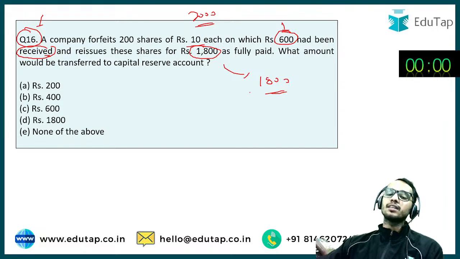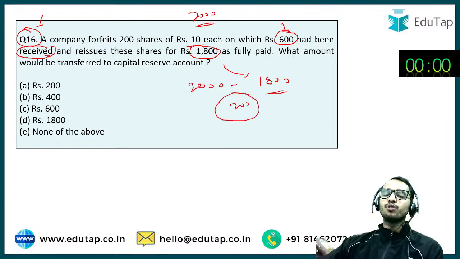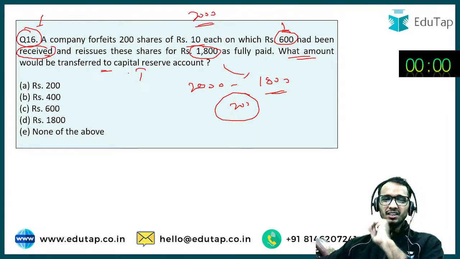You are adjusting the rest of the 200 amount from the forfeiture account. We will see that, don't worry. Let's read out the question first. What amount would be transferred to the capital reserve account? Very, very easy question. Just understand this very carefully.